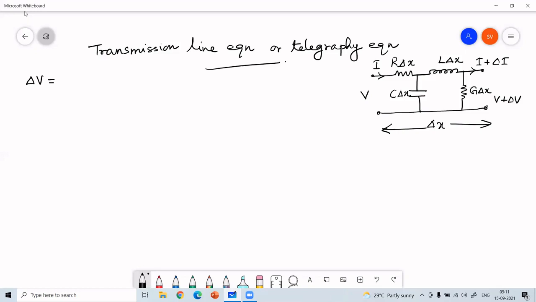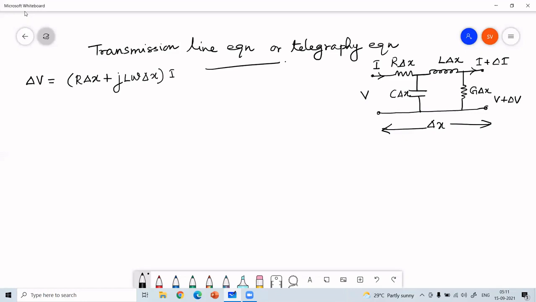So we can write it as the resistance of the resistor plus the inductive reactance of the inductor. What is the inductive reactance of the inductor? J into L omega into delta x, where omega is the angular frequency of the signal, into I.